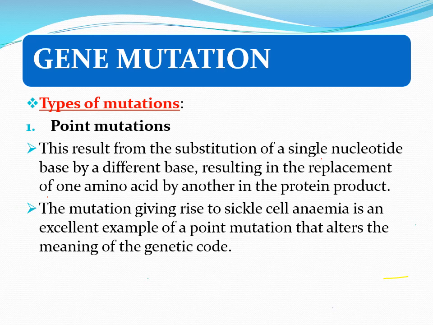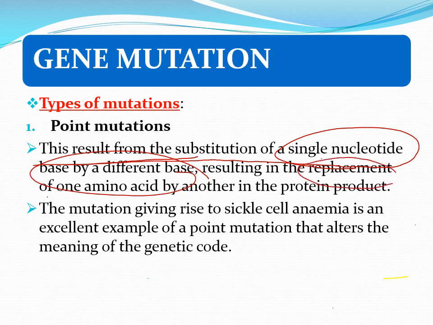So after explaining that, I say genetic point mutations result from a substitution of a single nucleotide base by a different nucleotide base, resulting in replacement of one amino acid by another, therefore producing abnormal protein.